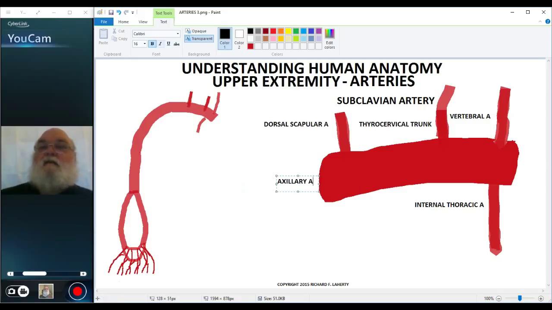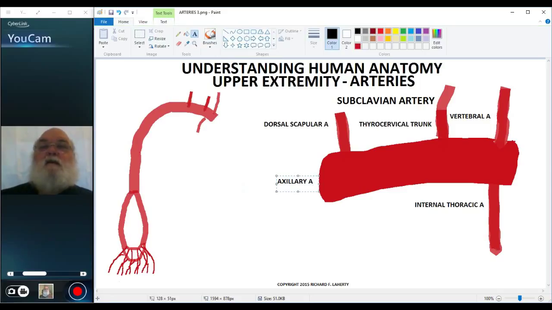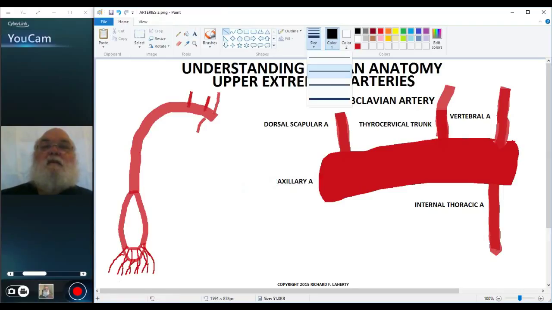And I'm going to put a line over here on the overall diagram on the left side, just to indicate where that dividing line is.